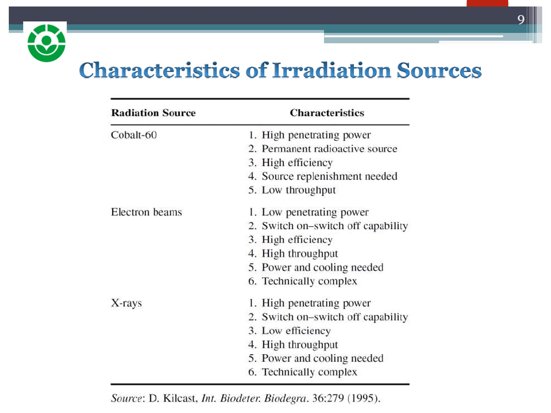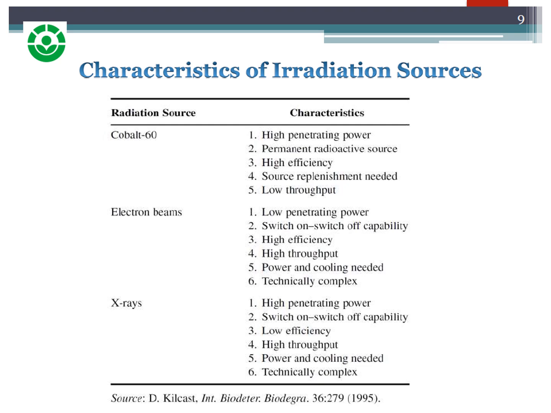Next is characteristics of irradiation source. Let me see the characteristics of the gamma ray, electron beams and X-rays. First, cobalt 60, that means gamma ray: high penetrating power, permanent radioactive source, high efficiency, source replacement needed, low throughput.